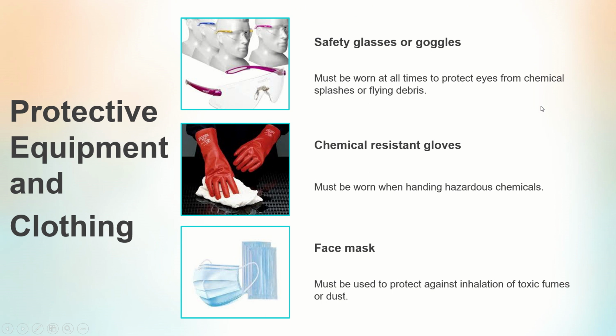So there are 5 protective equipment and clothing. So first, safety glasses or goggles. Its function is that it must be worn at all times to protect eyes from chemical splashes or flying debris.